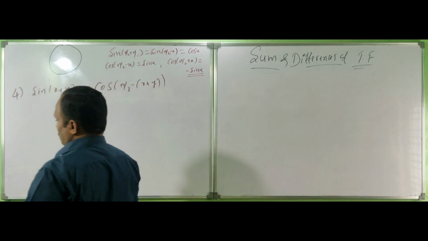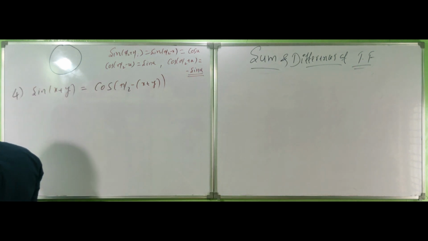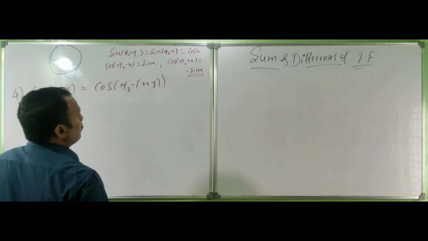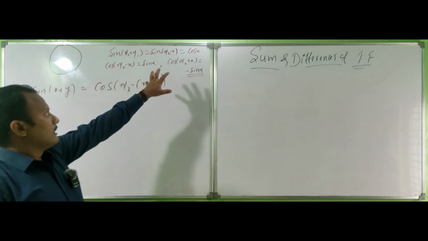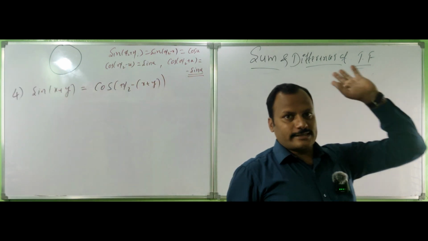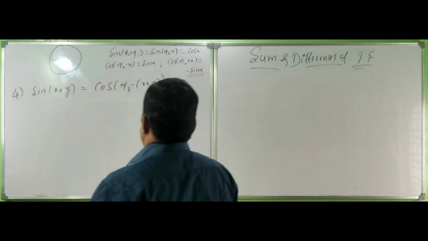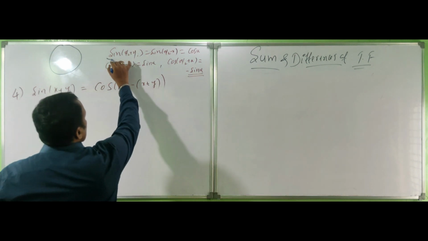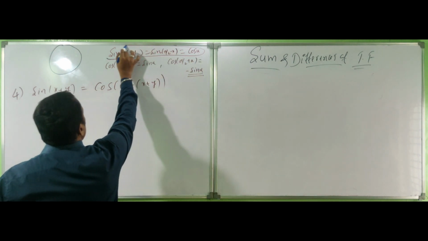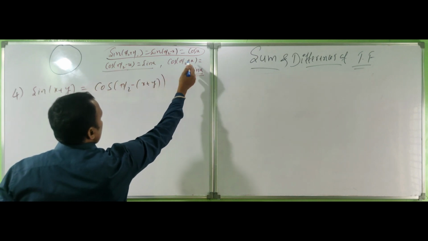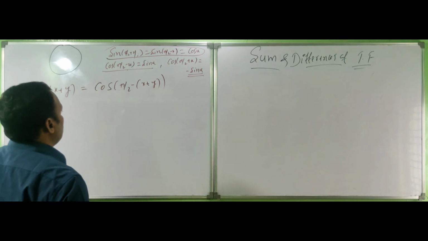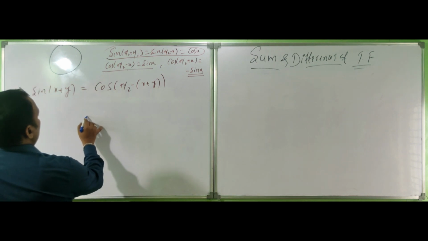This is the difference. Cos of pi by 2 minus x gives sin x, and cos of pi by 2 plus x gives only minus sin x. This is easy to remember, you can do it. But here cos pi by 2 minus is positive, plus is negative. Just expand it.